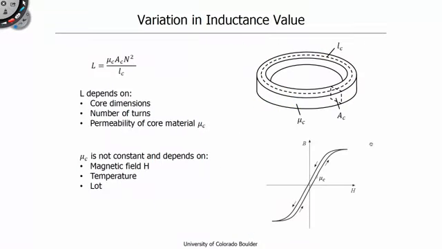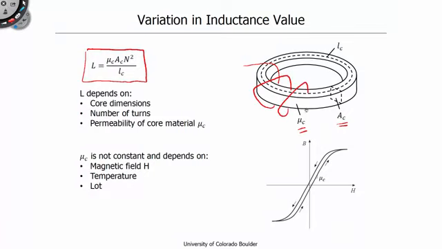Let's examine the expression for inductance that we've just determined. The inductance depends on the permeability of the core, mu c, the cross-sectional area of the core, AC, and the number of turns. Let's redraw those turns here.